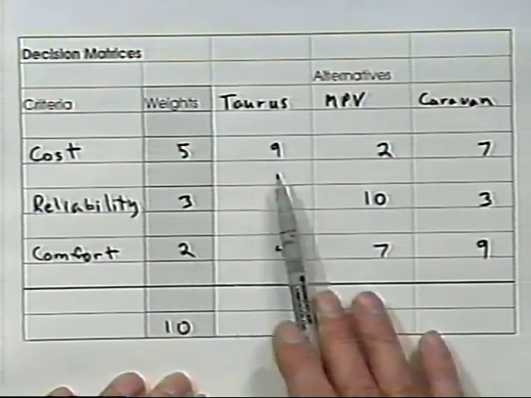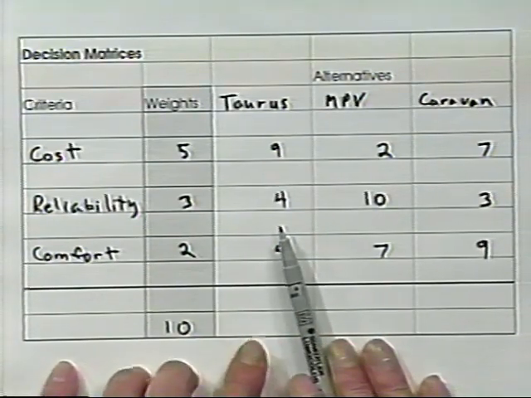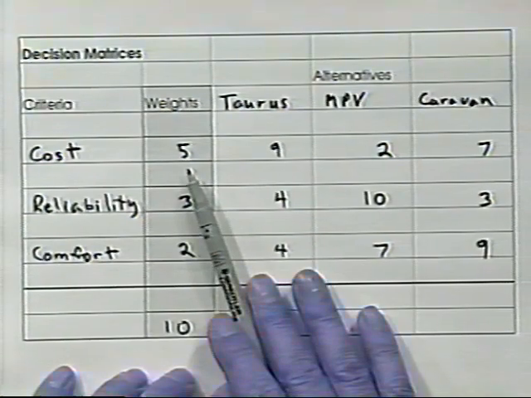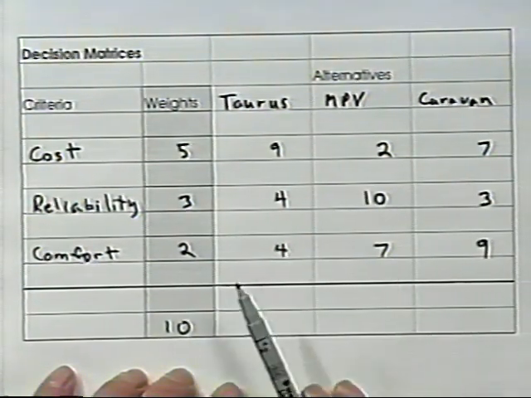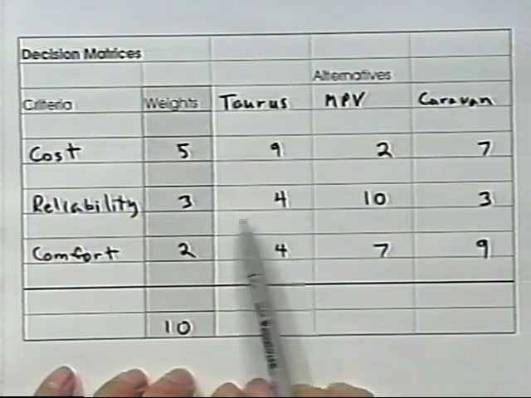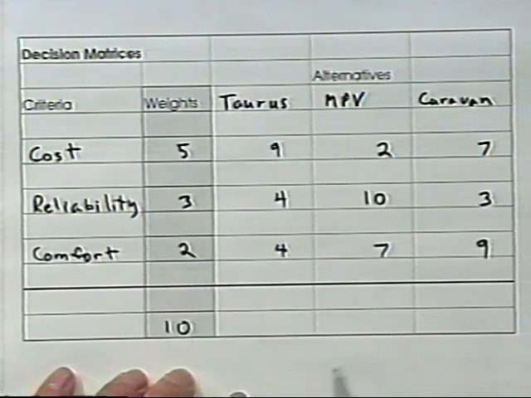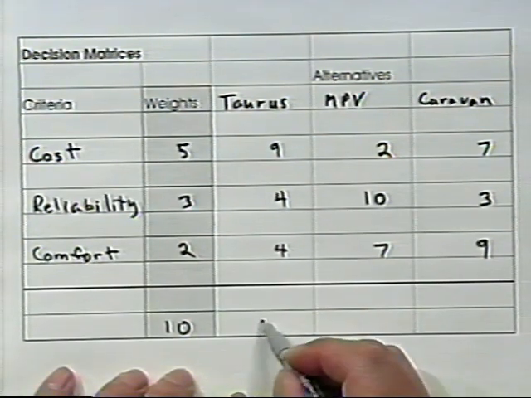And you can see what that'll give me is a weighted total here, where the criteria that are high and have the highest weight will contribute most to the total. And if it's criteria that are low and have low weights, they contribute very little. So 9 times 5 is 45, plus 12 is 57, plus 8 is 63.